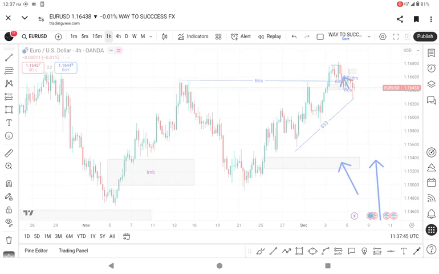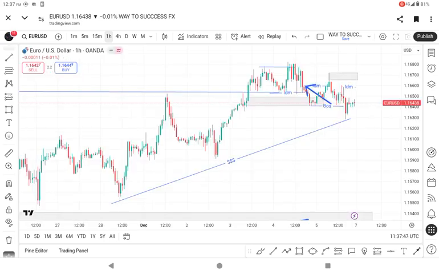In H1 also, you see that price has also failed to continue to the upside after making a break of structure. So we expect price to come back to the downside, take a deeper pullback and clear some liquidity. This, for me, is this trend line I'm sitting here, before I'll be expecting my continuation for the buy.